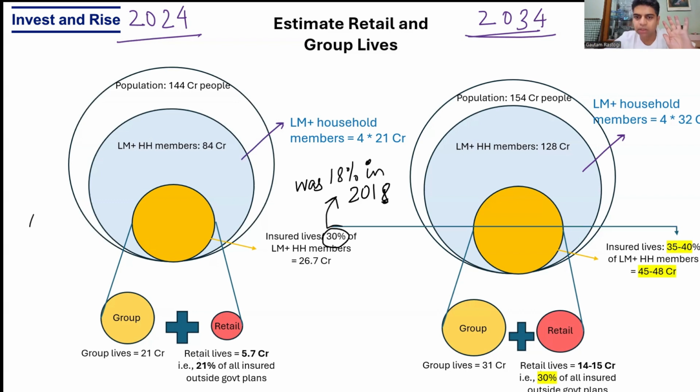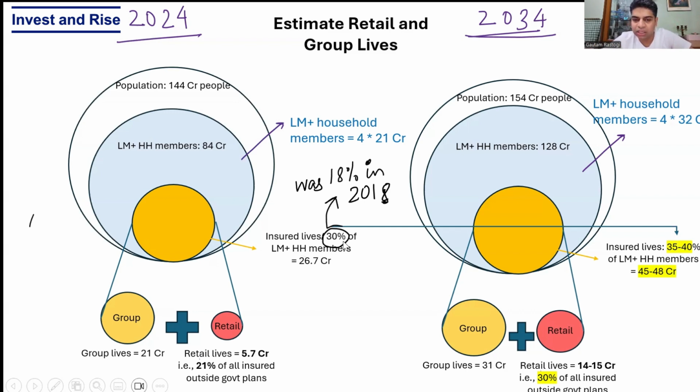Now, of course, I took these two blanket assumptions. We need to check if these assumptions are reasonable. Of course, they should not be ridiculous. So we'll validate these two assumptions using some logic. Any which ways, right now the number of people covered by retail and group lives makes around 30% of all the people falling in lower middle and above households.